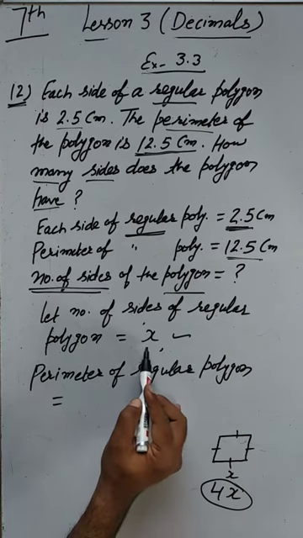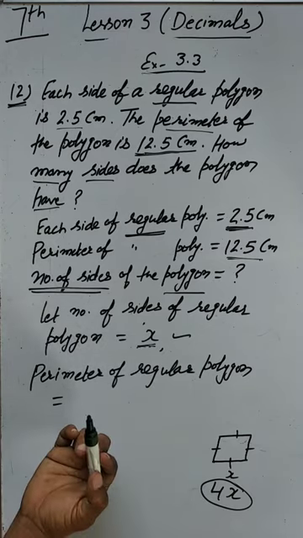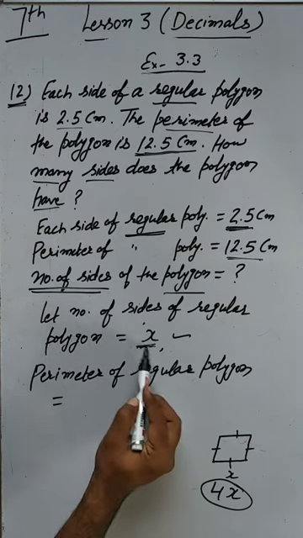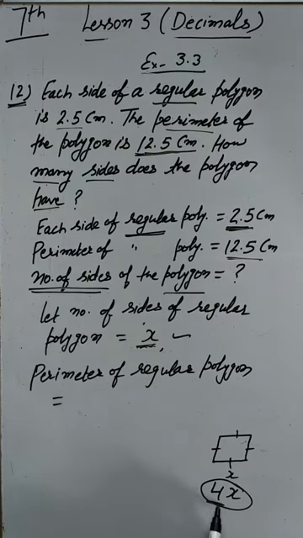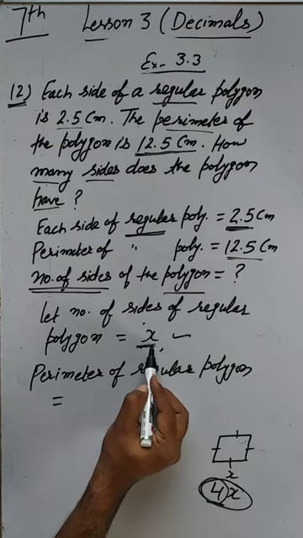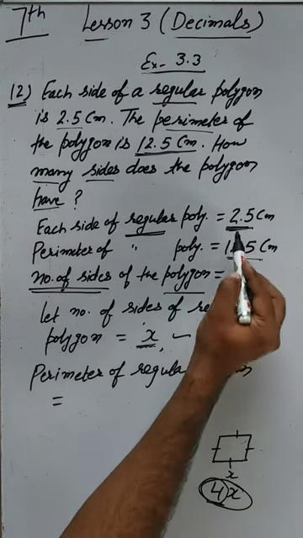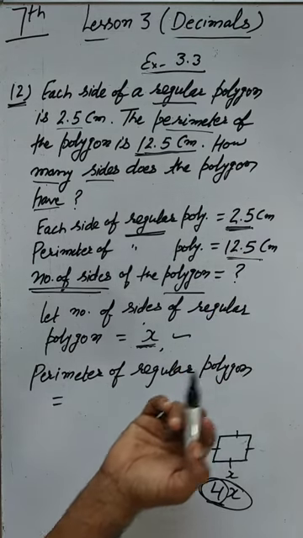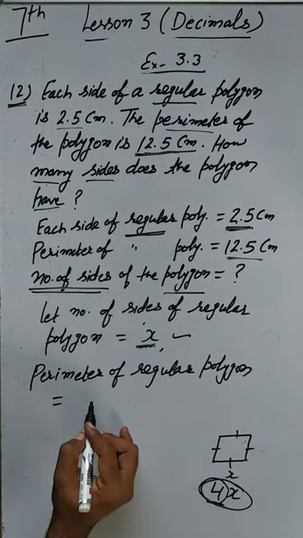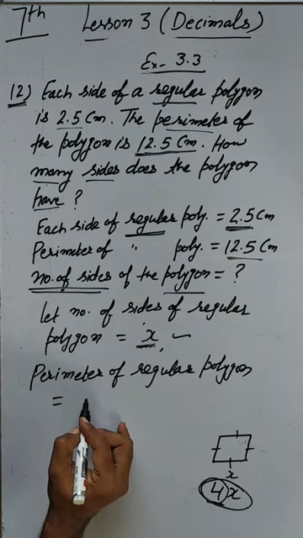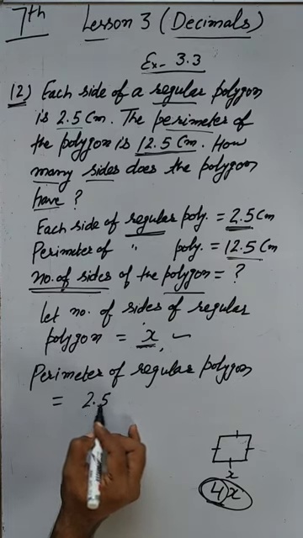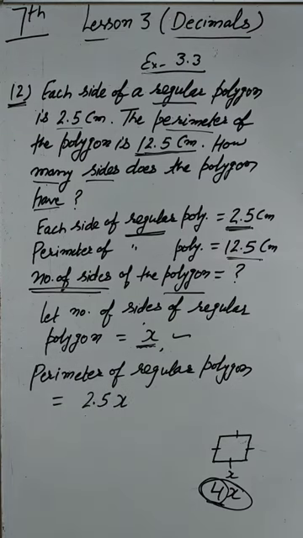Here the number of sides would be 4, but here the number of sides is x, and the length of every side is 2.5 centimeter. So the perimeter of the regular polygon, beta, will be 2.5 multiplied by x, that is 2.5x. Understood, beta?